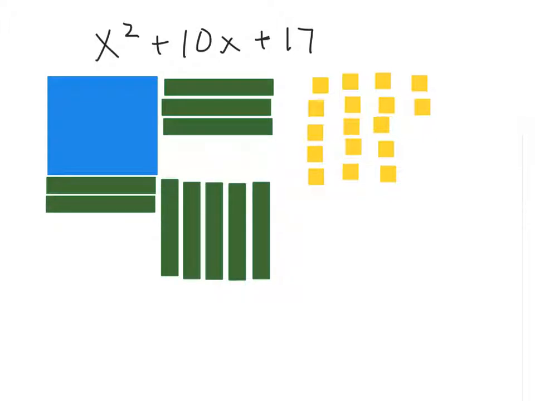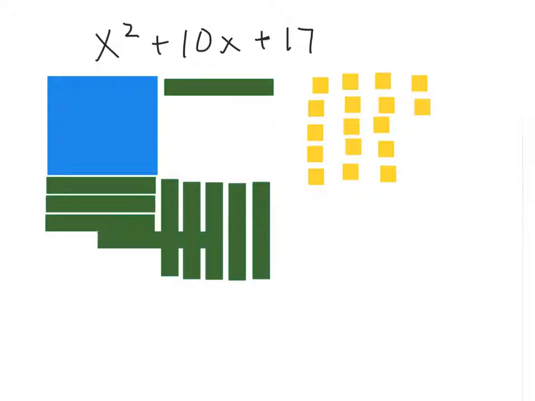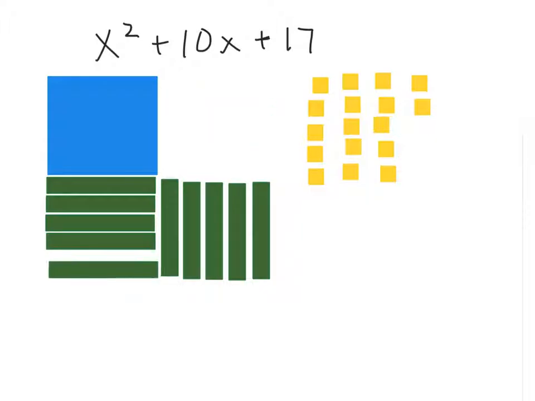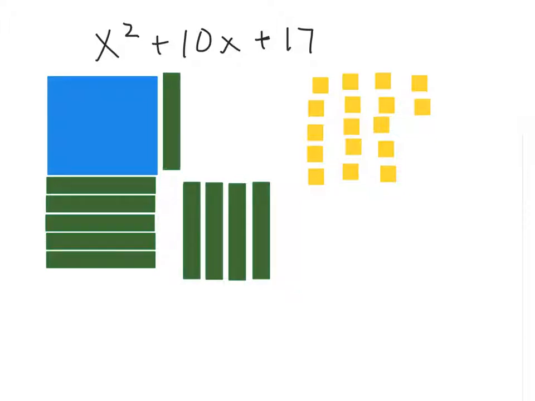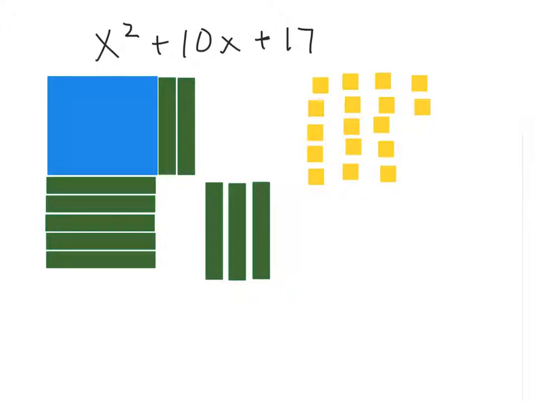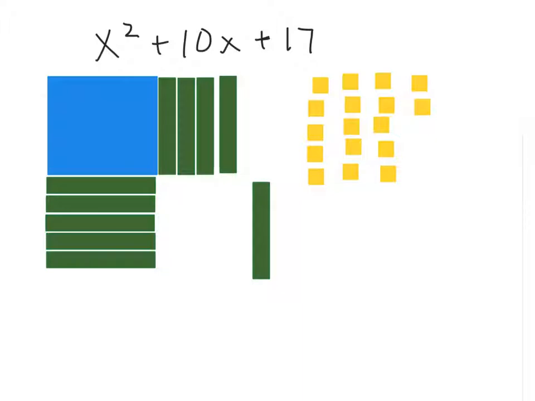So we can just manipulate those so that they extend the height of our square by those 5 units. And we also know that these rectangles are the same width as our x squared because they're both x's.